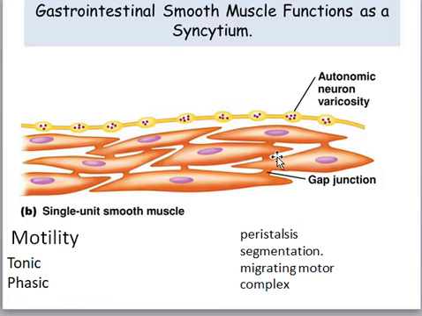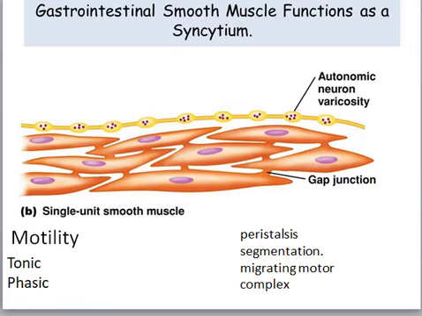When the movement starts in one part, it continues to the distal part through the gap junction, increasing signaling. This is different from smooth muscle in other parts of the body, like in the eye, where the contraction of the muscle is random. While here in the GIT, the contraction of the muscle is organized and continuous because of possessing a special or unique criterion, which is the gap junction.